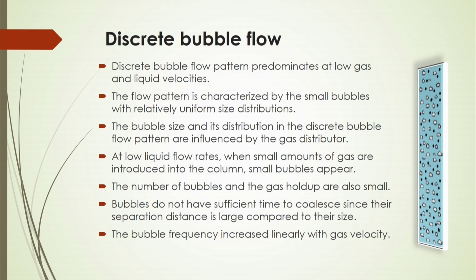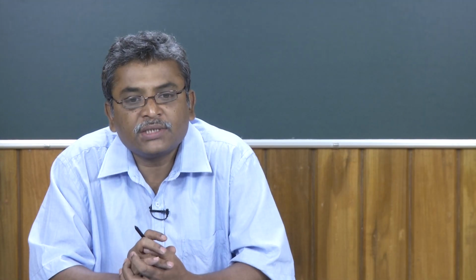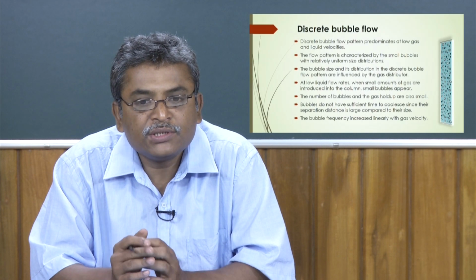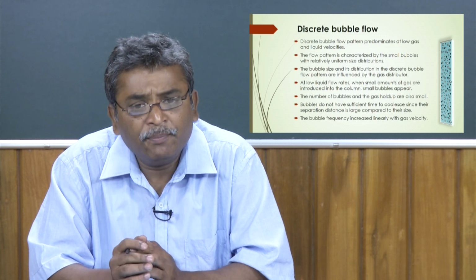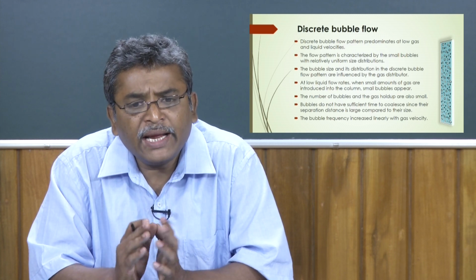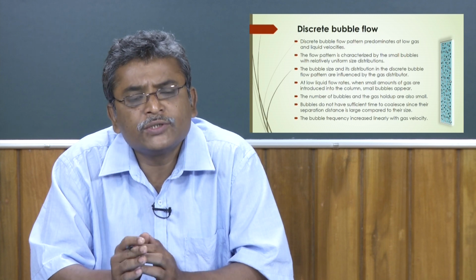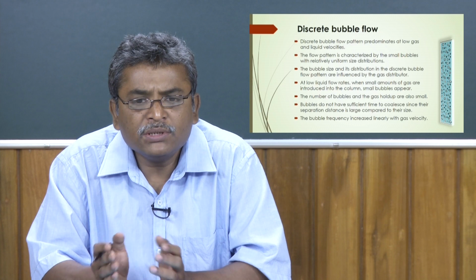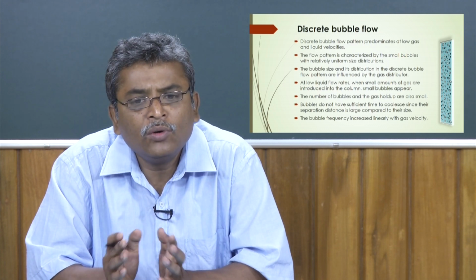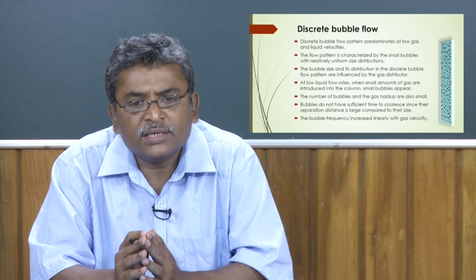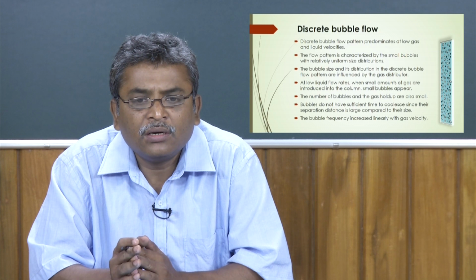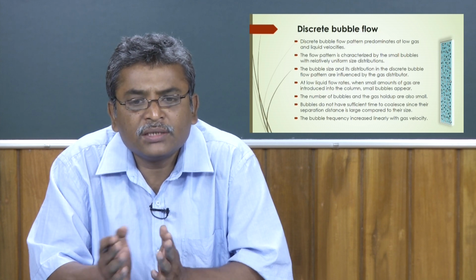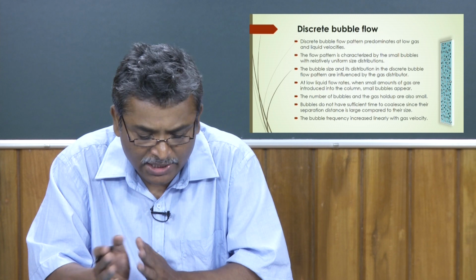At low flow velocity, when a small amount of gas is introduced into the column or bed, you will see small bubbles appear, and the number of bubbles and the gas holdup of course are also very small, and bubbles do not have sufficient time to coalesce, since their separation distance is large in this case, and of course, this distance will be larger compared to the size of the bubble.